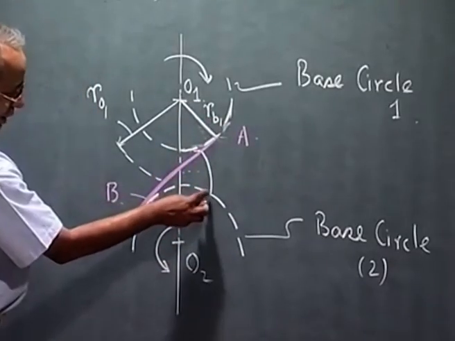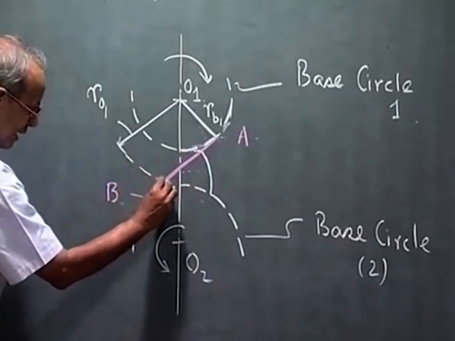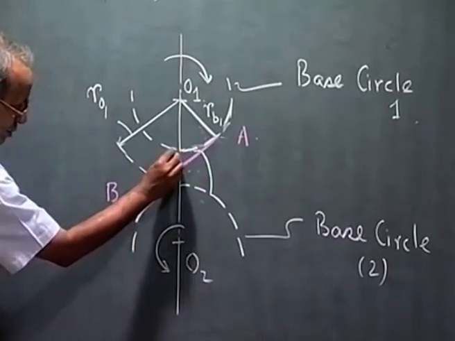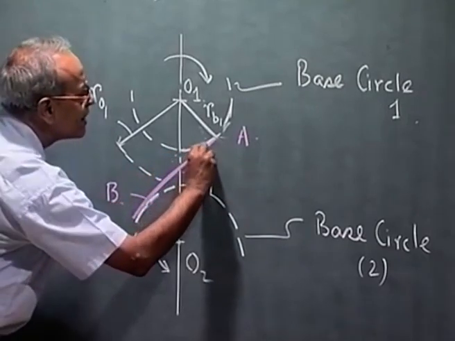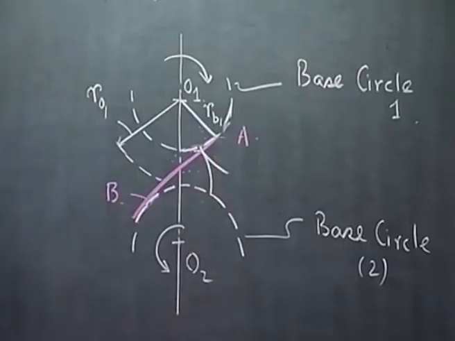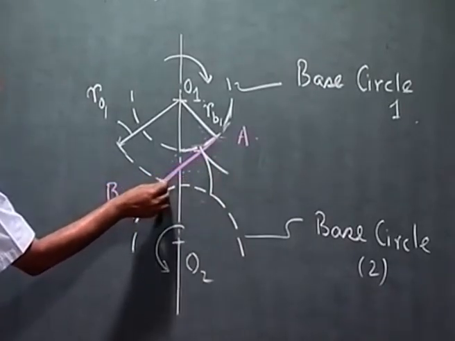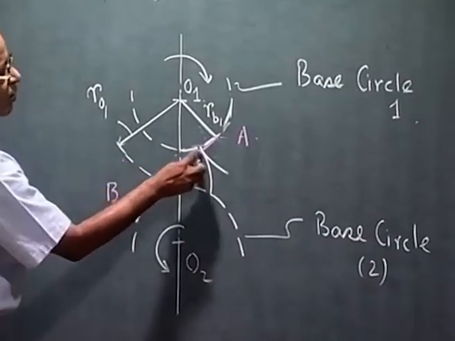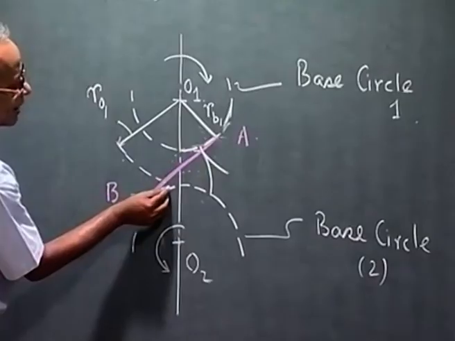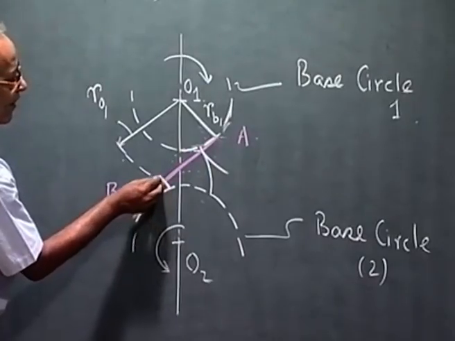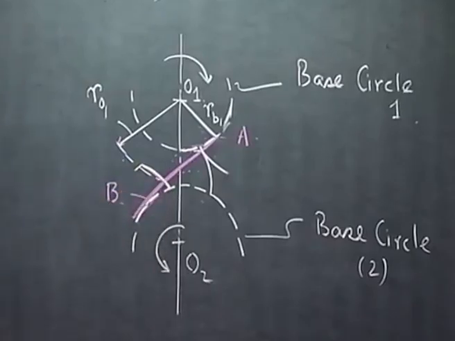So, as this tooth rotates and comes here, and when the tooth on this gear which is pushing it, let us say here, if I draw this gear, this tooth comes and rotates, and when this outer circle leaves this line, the contact is lost with this particular gear. So, if I draw this tooth here, this is where the contact is lost.